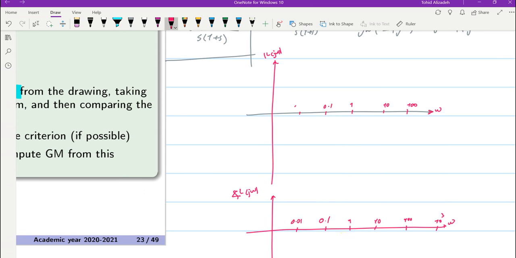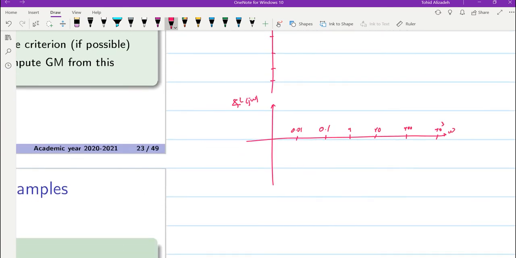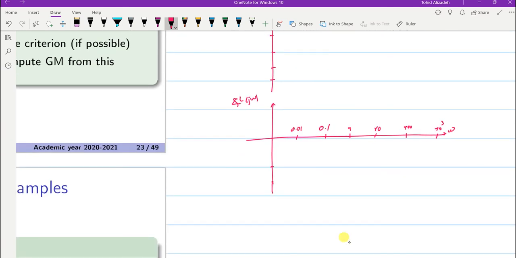We'll have the scaling like this. For the vertical axis, we'll have it in terms of decibel for the amplitude, so 20, 40, 60, 80, and so on. And for the phase, we'll have it in the form of either degrees or radians. Let's say this is minus pi or minus 180, and this is minus pi over 2.